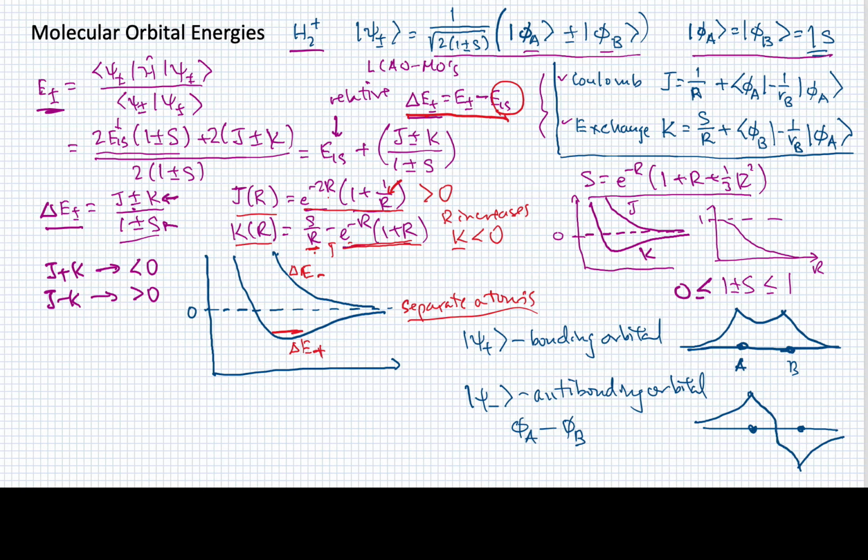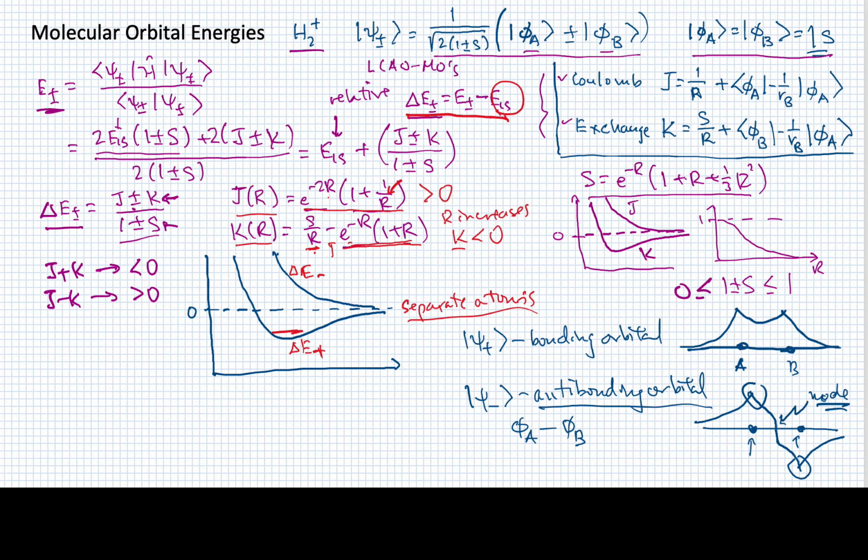But what you can see from this is that in order for it to go from this point to this point, it had to pass through a place where the wave function was 0. So in other words, there is a node, and that node exists in between the two nuclei of that atom. So this is what is going to characterize an antibonding orbital in this case.